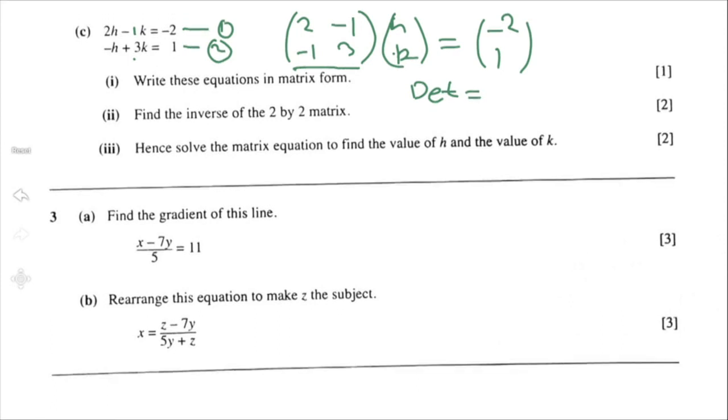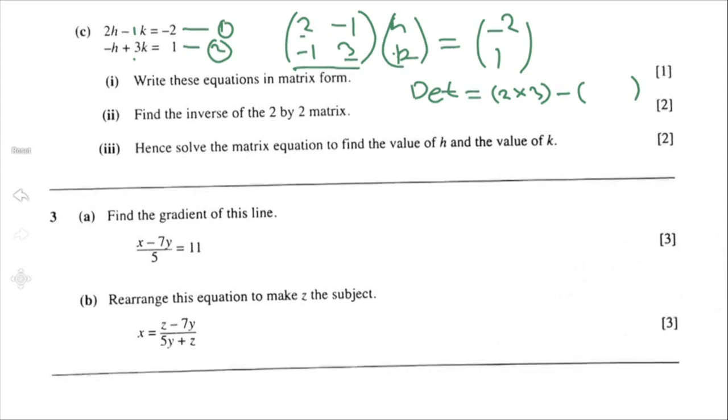Then how do we calculate the determinant? Well, the determinant is the product of the numbers on the leading diagonal. In this case, that product is 2 times 3. Those are the two elements along that leading diagonal of the 2 by 2 matrix, minus the product of the elements in the other diagonal.